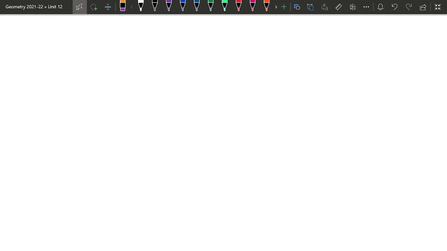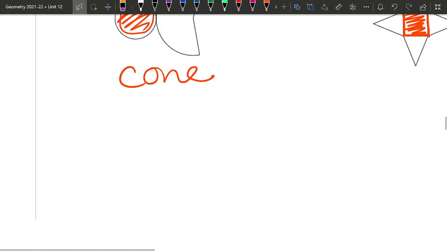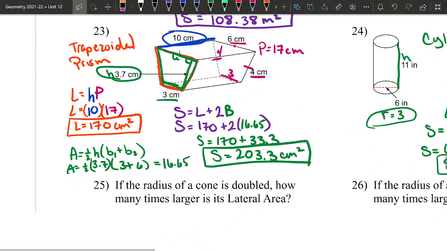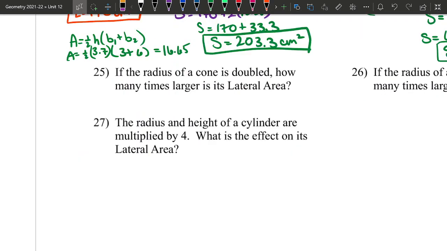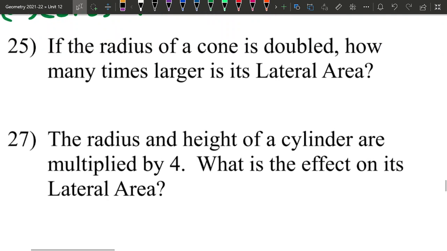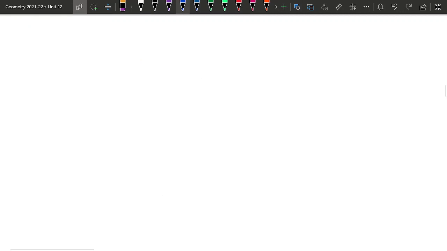Do it again. All right. This doesn't want me to do this problem.